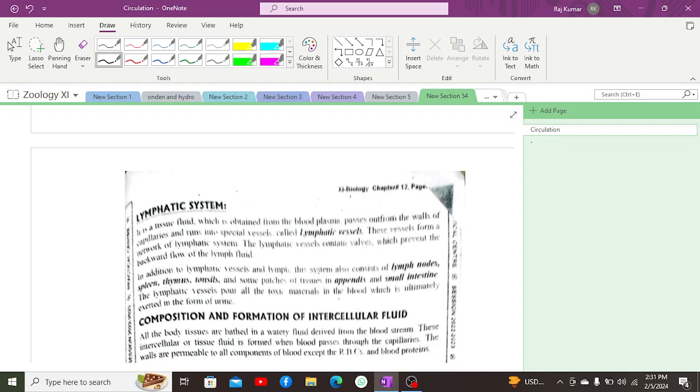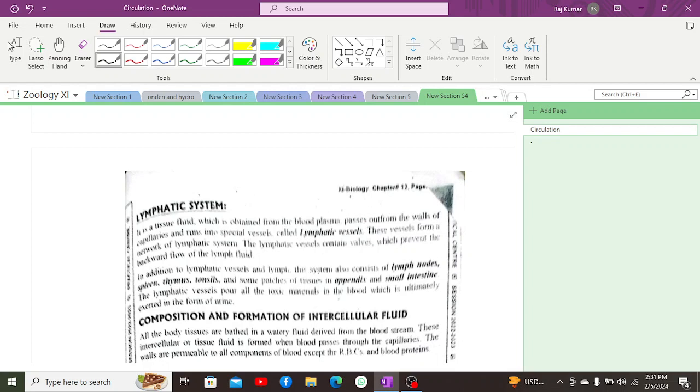Moreover, there is transfer of nutrients as well as metabolic and cellular waste, such as lactic acid, which can also be transported from the tissue cells to the blood capillaries. So, the entire gaseous exchange as well as the material exchange takes place.